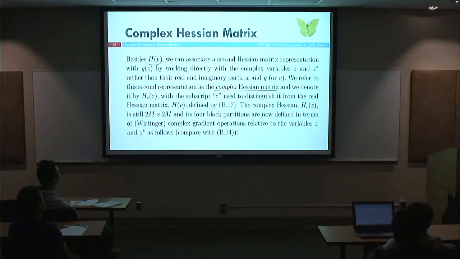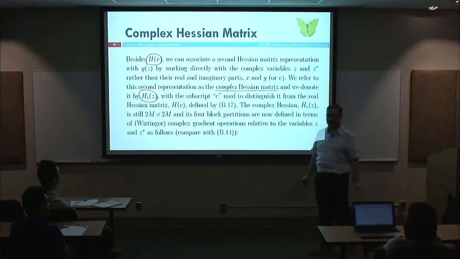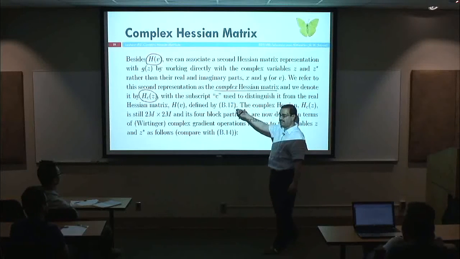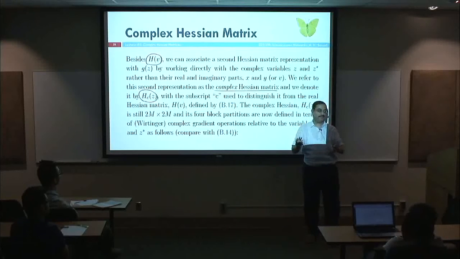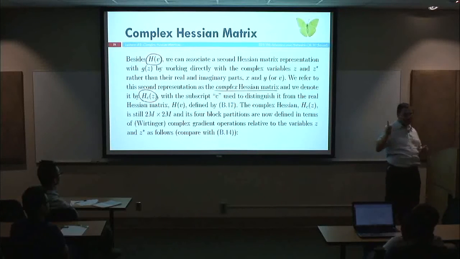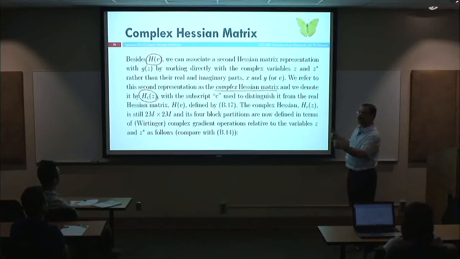Before I denoted it by H sub V, this one I'm going to denote by H sub C, and I'm going to show you the relation between them. Sub C for being complex, and it will be a function of z, not a function of v. This will be expressed purely in terms of the complex variable, whereas the previous one was expressed in terms of v or x and y.